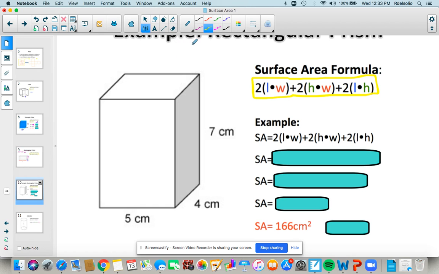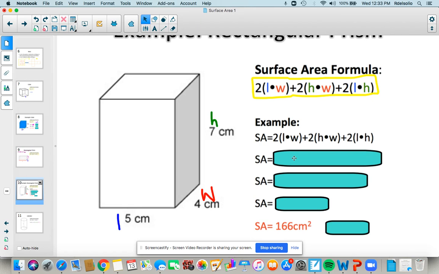Our length, our L, is 5. Our width, from front to back, how wide it is, is 4. And our height, how tall it is, is 7.